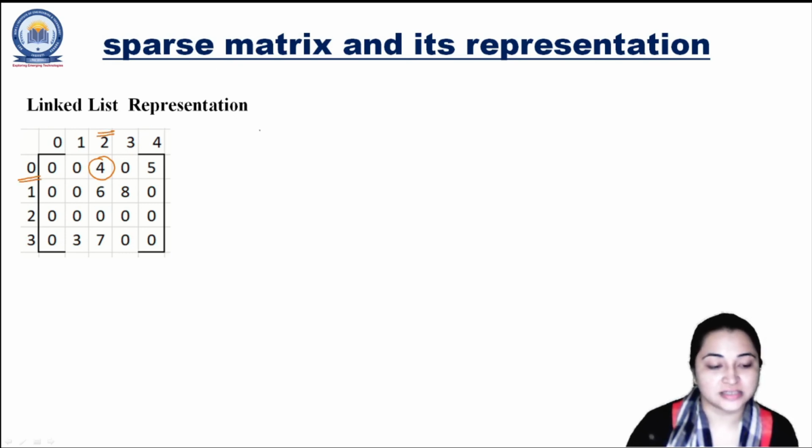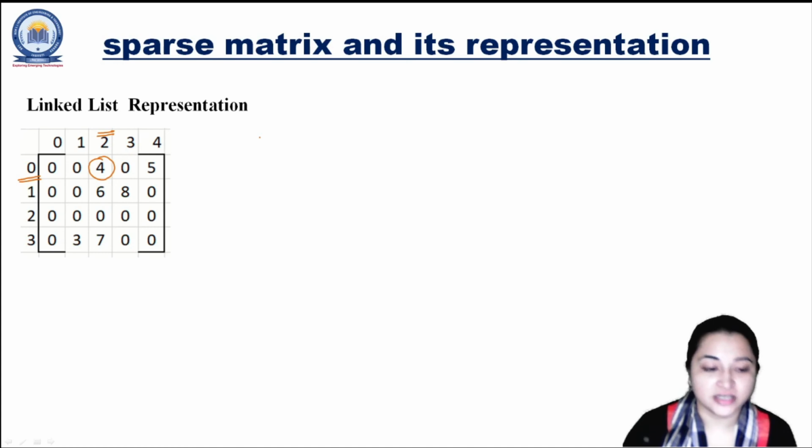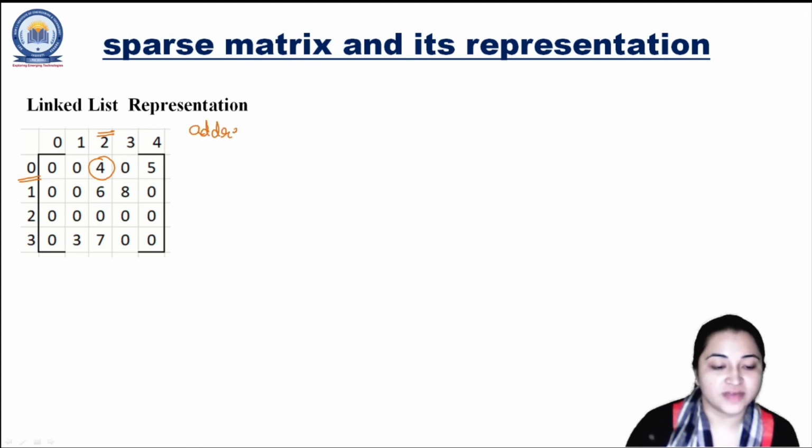In a linked list, elements are not stored sequentially but by means of links, so these nodes are stored randomly. In order to link all these nodes, we have to provide the address of the next node. So one extra piece of information we have to keep is the address.